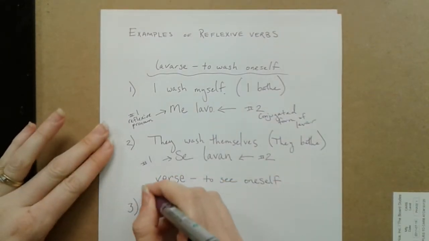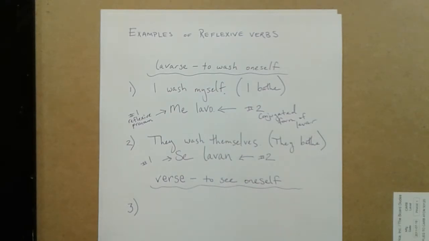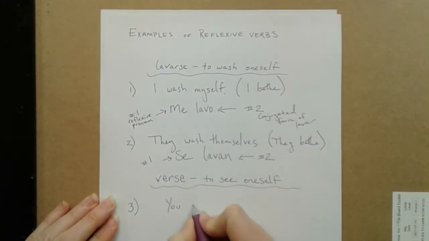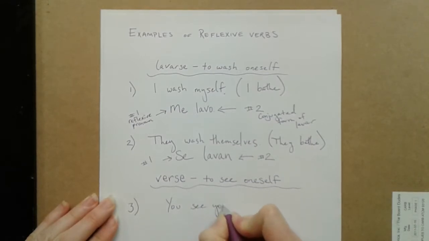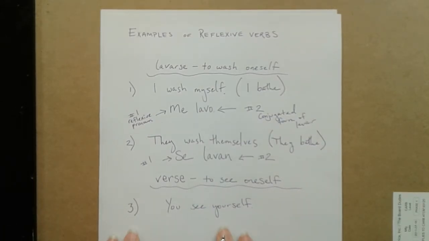All right, one more quick example. Verse, to see oneself. We'll do this one with you see yourself. Maybe you're looking at yourself in the mirror, for example. So let's see. You see yourself, we're using the verb verse. First, we have to deal with the reflexive pronoun up front.